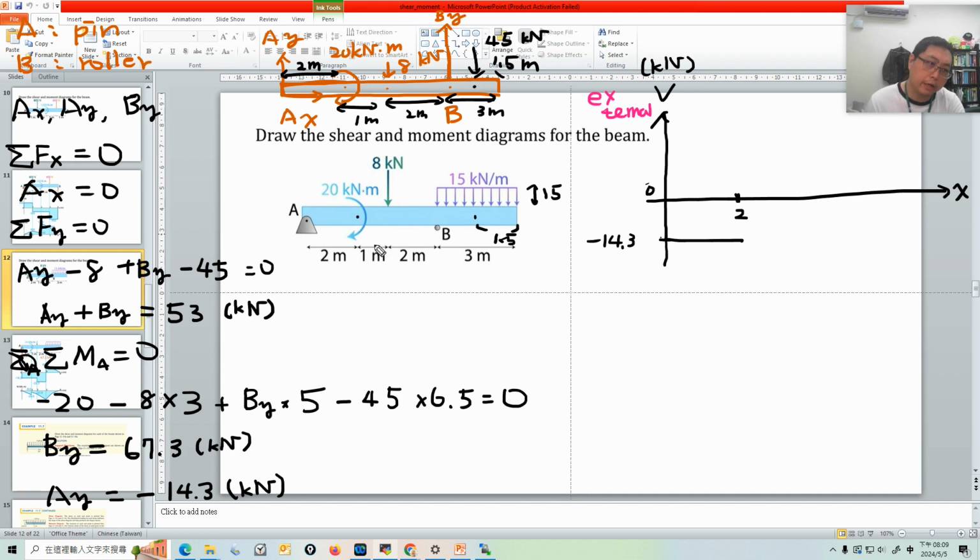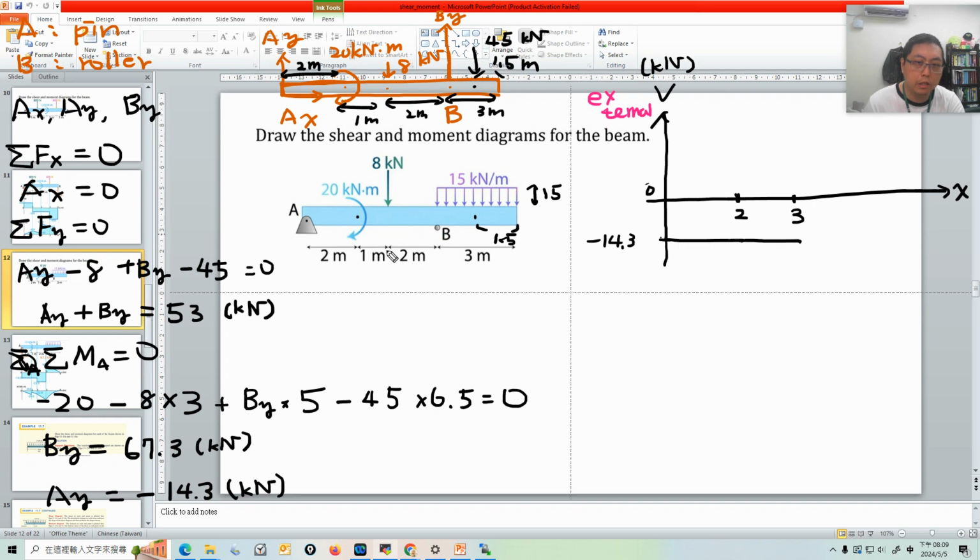And at this position 2, there is only an external moment. There is also no external force, so it still keeps the same value.